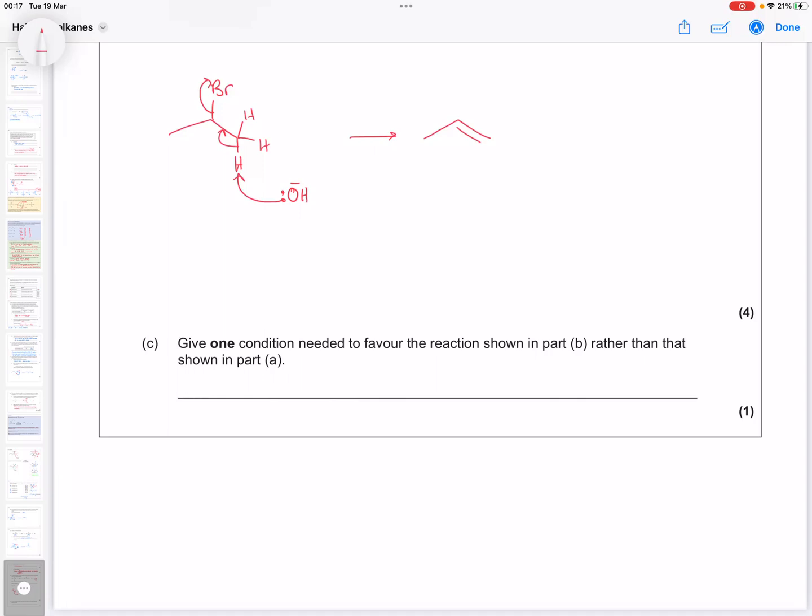We can dissolve it in ethanol, so ethanolic solvent. We have concentrated NaOH or KOH, hot, as opposed to warm. So ethanolic solvent, concentrated sodium or potassium hydroxide, and hot, and that will favour the elimination reaction.